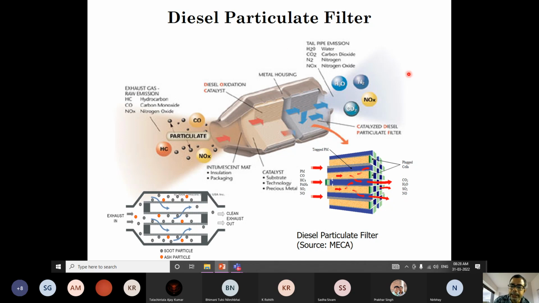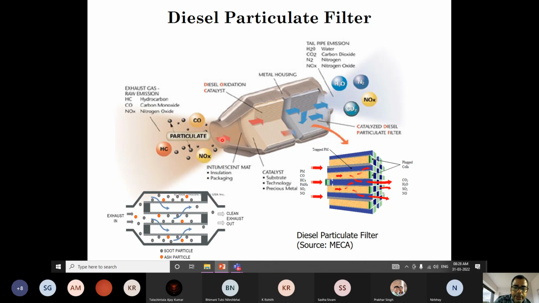What you can see here is a combined structure of the DOC and DPF. In one housing itself, both after-treatment devices are assembled. One is the diesel oxidation catalyst, DOC, and this one is the DPF.